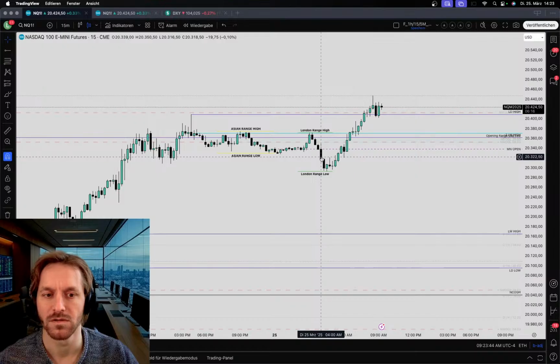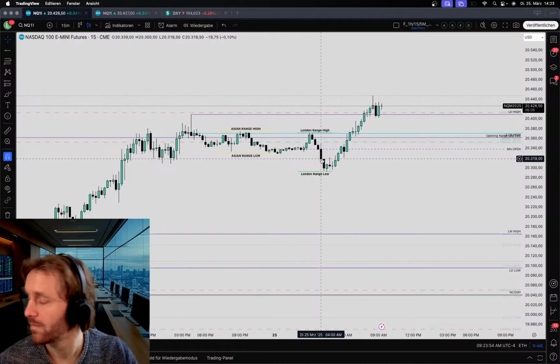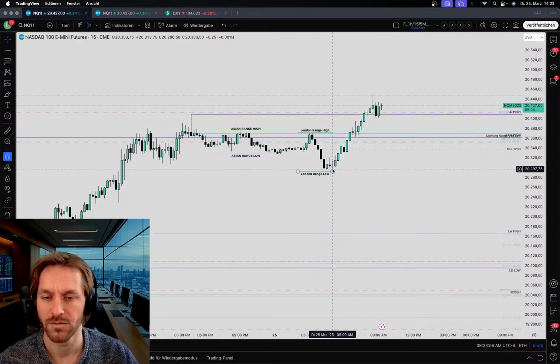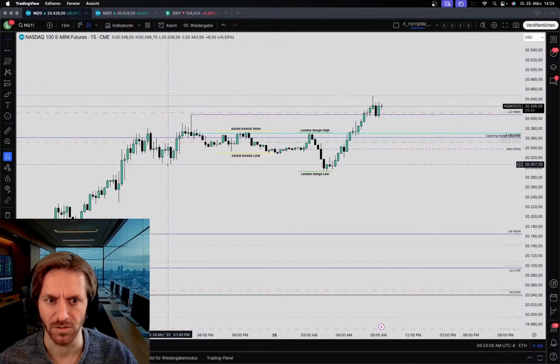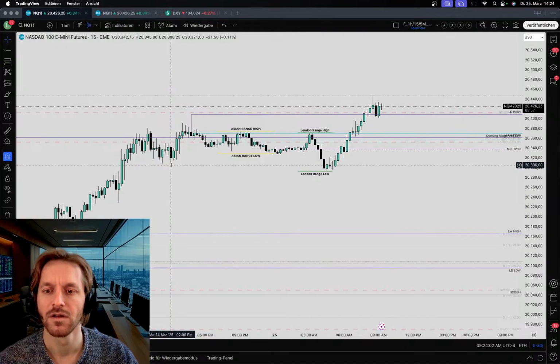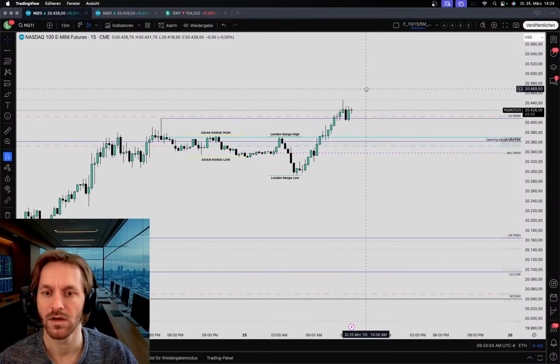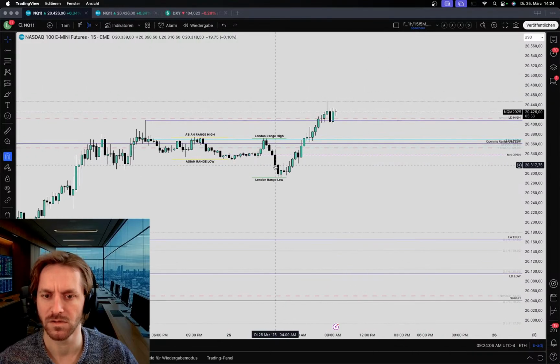It was holding strong until the third quarter of the London range before we took out this low here to go higher. And I do think this was the real move.